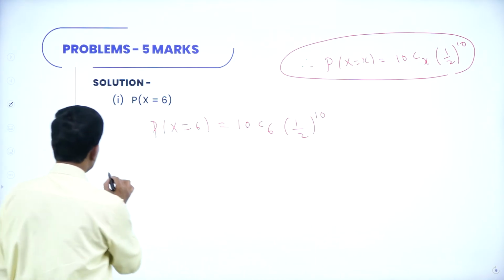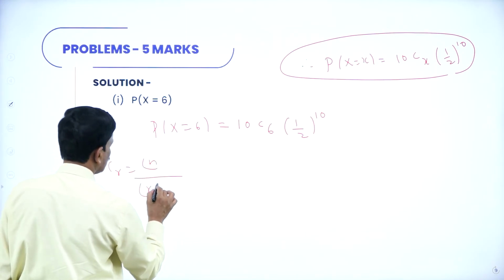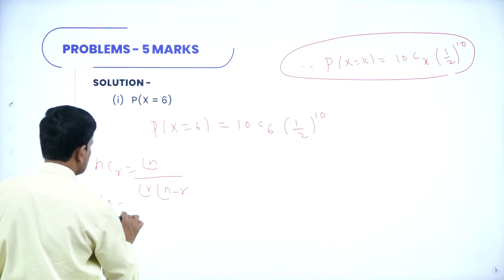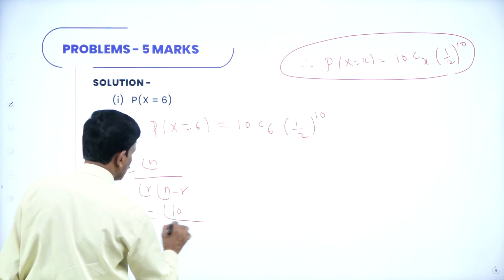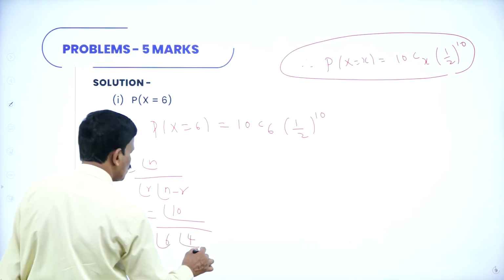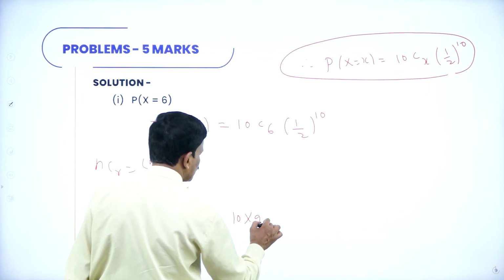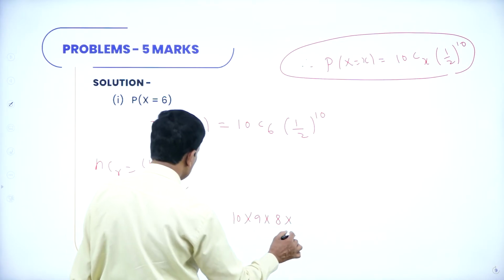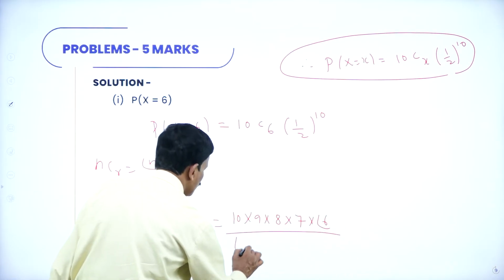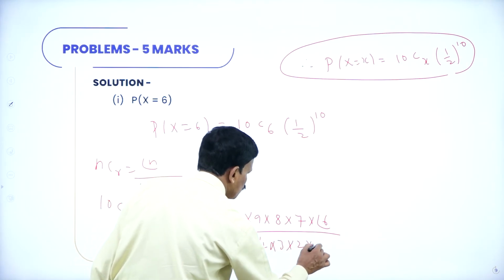Now you know the formula for nCr is equal to factorial n divided by factorial r into factorial n minus r. So 10C6 can be written as factorial 10 divided by factorial 6 into factorial 10 minus 6, which is factorial 4. This is nothing but 10 into 9 into 8 into 7 into factorial 6 divided by factorial 6 into 4 into 3 into 2 into 1.